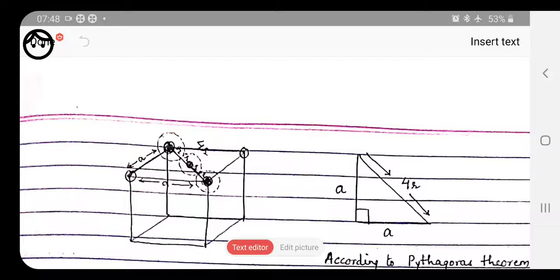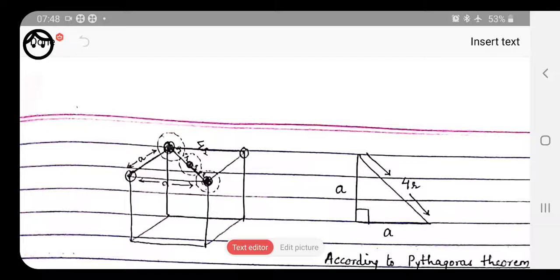When we take the radius here, we have three constituent particles. For one, we can take the radius from the nucleus to the orbit, so it is equal to 1r. For the center it is equal to 2r, and at the other corner we again have 1r, so the total is 4r.